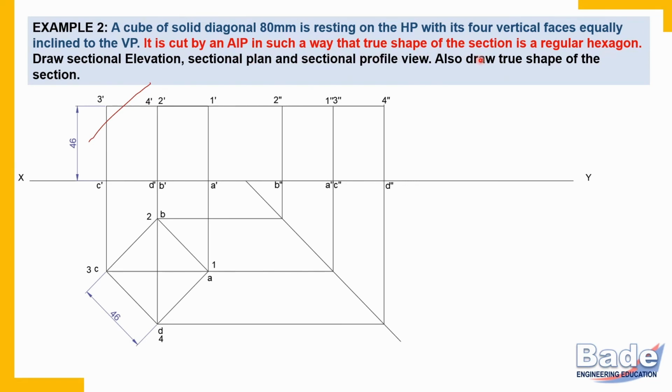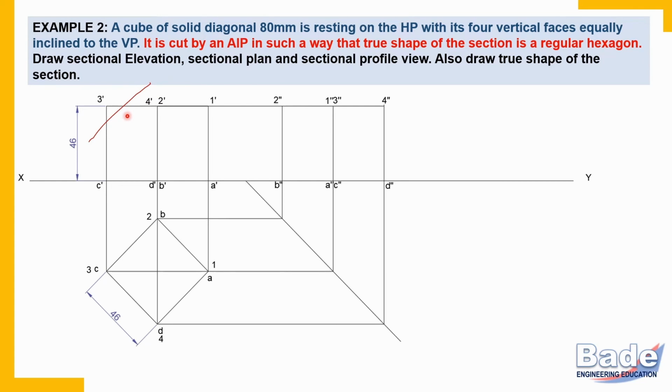Remember, here the location and position of the cutting plane we are going to choose for the required section. We want the section to be a regular hexagon and we are asked to choose the cutting plane line. So how should we go about it, try to understand. If we look at the cutting plane line in this manner, then it will cut top edges.